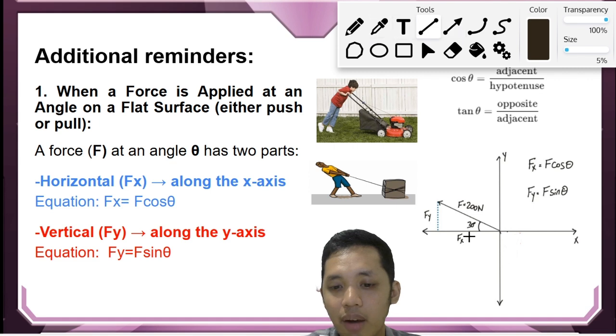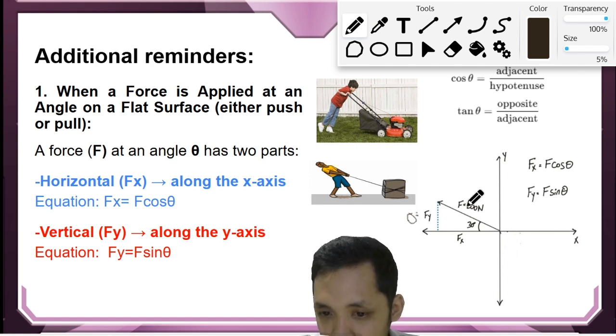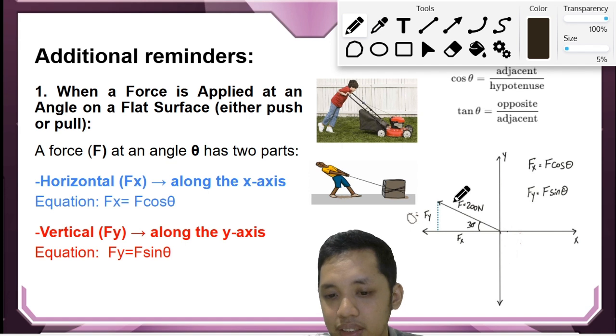That is our opposite side, O. And then, the F, or the overall force applied by this guy, is the hypotenuse. Okay?